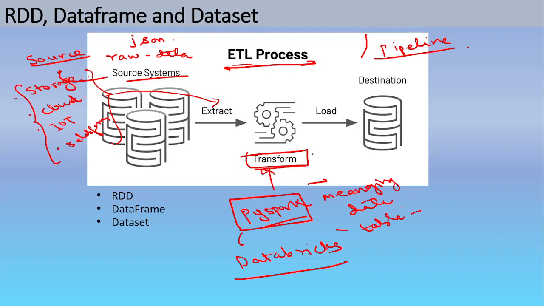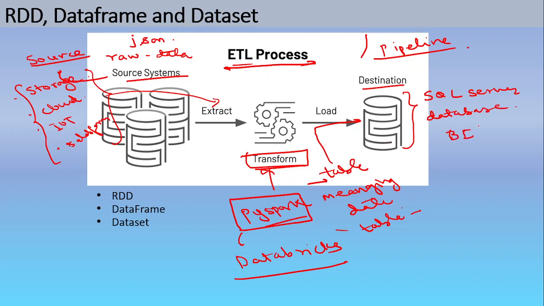We are going to do a lot of transformation. Once your data is converted to a table, we start loading that into the destination. Your destination can be a storage account, a SQL server, any database, or it can be directly connected to a BI team, where BI stands for business intelligence.